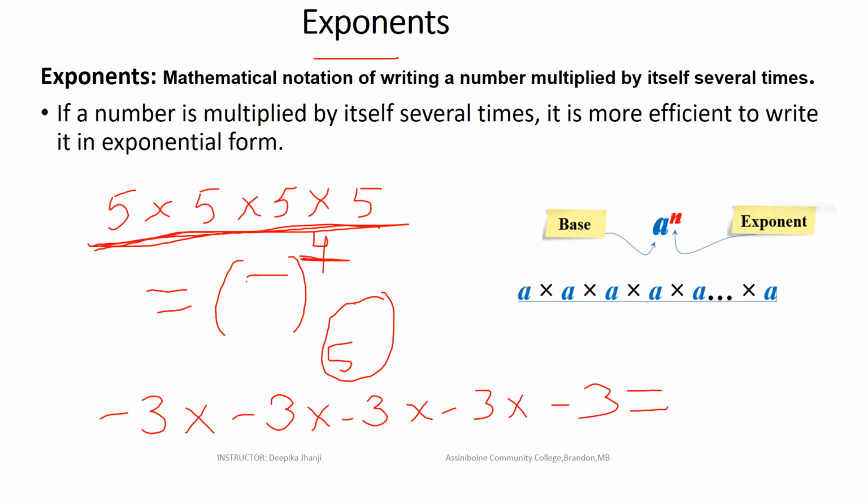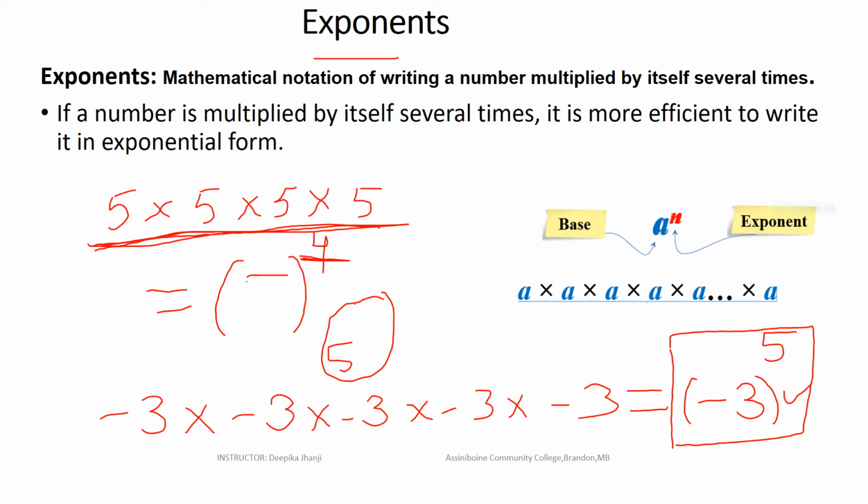We write the number which is being multiplied, that is -3, and how many times it is being multiplied, 5 times. That 5 goes on the top. So your exponential form becomes -3 raised to power 5.